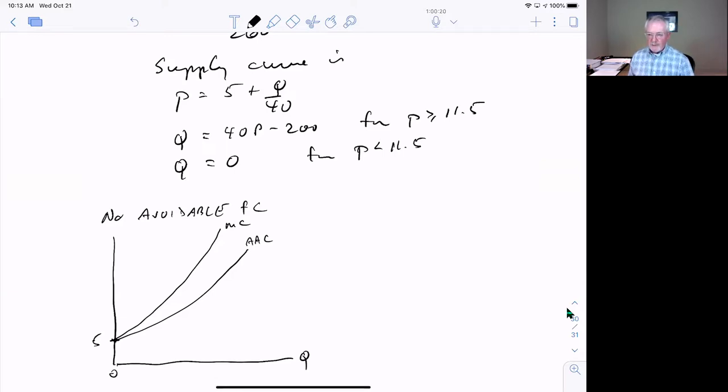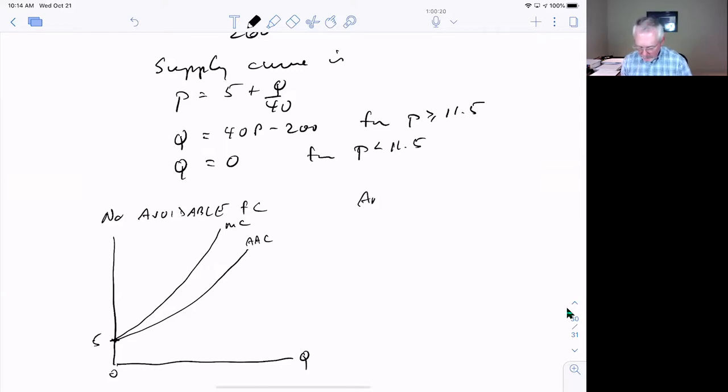Marginal cost is then everywhere higher. Remember, marginal cost was 5 plus Q over 40, whereas average avoidable cost was 5 plus Q over 80. So marginal cost will be everywhere greater than average avoidable cost for any positive Q, so average avoidable cost is rising.